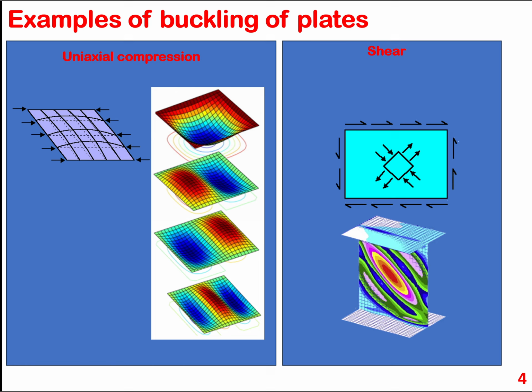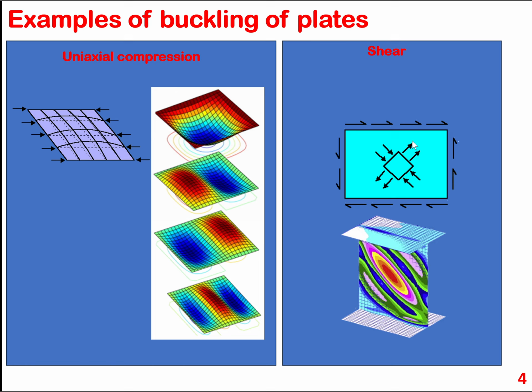Okay, so how can plate buckling happen? We can have a uniaxial compression, which essentially means that you apply compressive loads to two sides or one side of any plate, and it will cause deformation like this, right? We can have different modes of buckling for this scenario as well, and for all scenarios, which means that based on your load, the deformation shape is going to change.